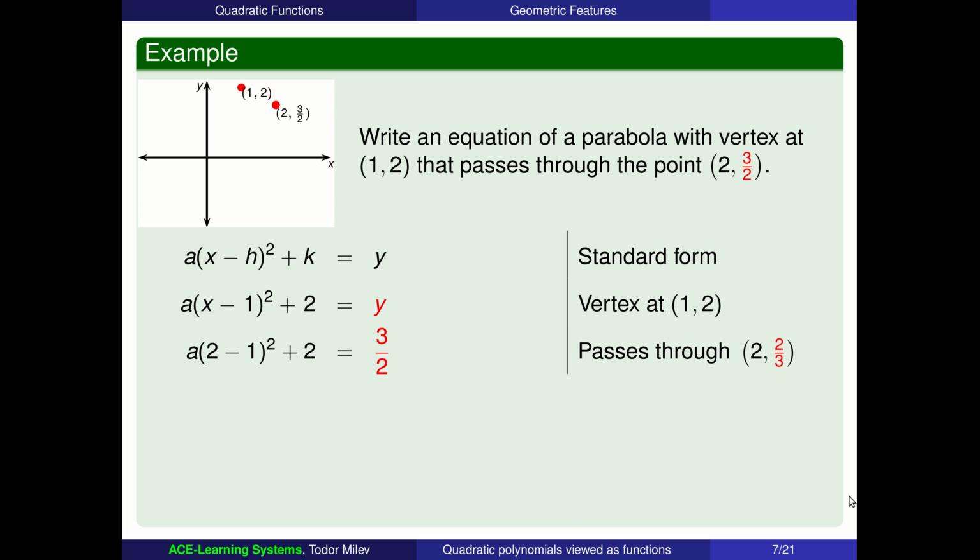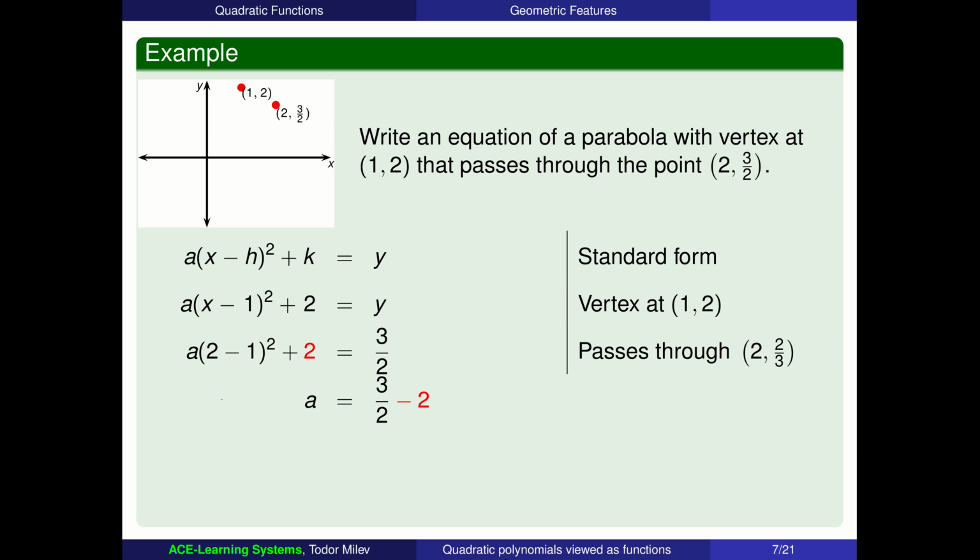So now this is a linear equation with respect to the variable a, and it is relatively easy to solve. Indeed, 2 minus 1 is equal to 1, and 1 squared is equal to 1. And 1 times a is equal to just a. So 2 minus 1 squared is just 1, and 1 times a is just a.